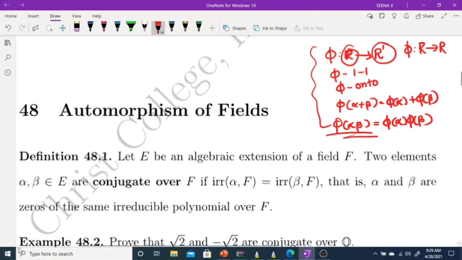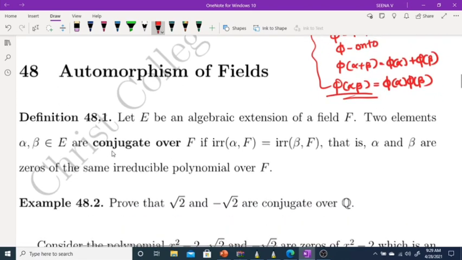Now, the first definition, listen carefully, each term is very important. Let E be an algebraic extension of the field F. What is the meaning of that? Every element alpha belonging to E is algebraic over F. Recall your theorem: that means there exists a polynomial f such that f of alpha equals 0.